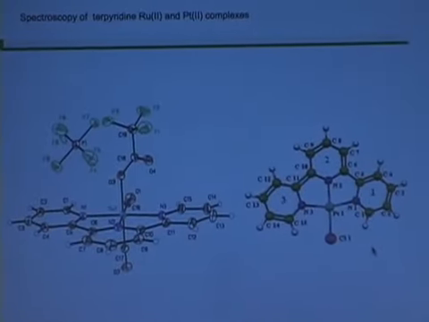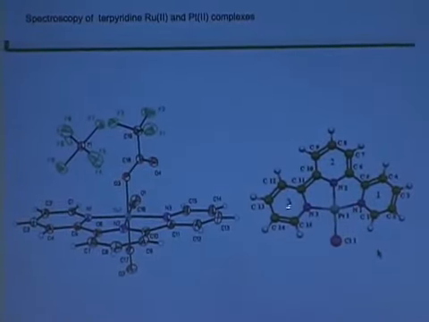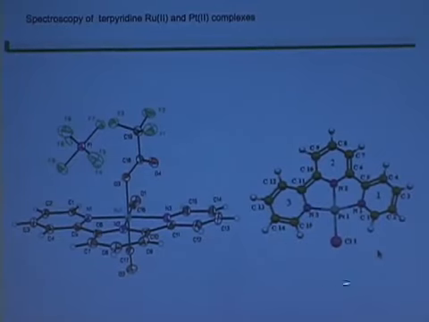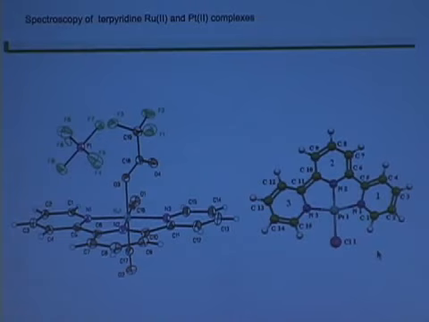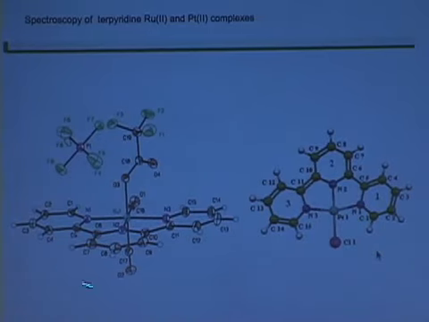One is for the monomer singlet state of this complex, for calculating the absorption spectrum. And the other one is for the luminescence spectrum of this complex, dimer and triplet transitions.